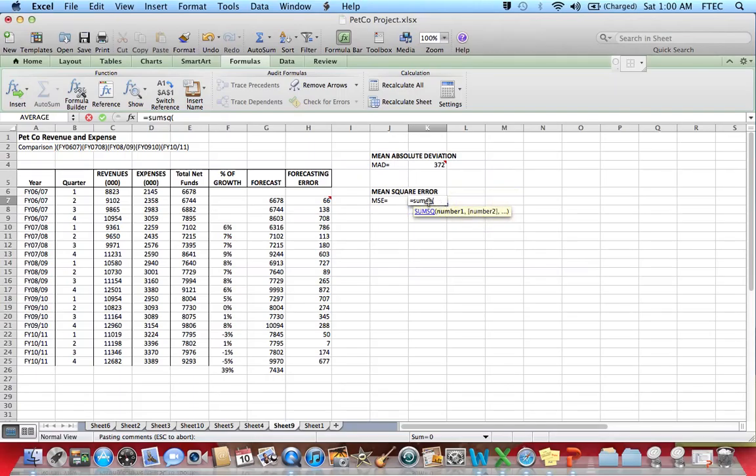Inside the parentheses, you're going to want to put your error range. Close your parentheses. You're going to divide that by count. Open your parentheses and put the error range in there once again, and close your parentheses. And that is your mean square error.